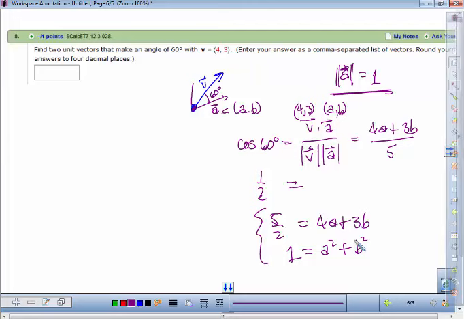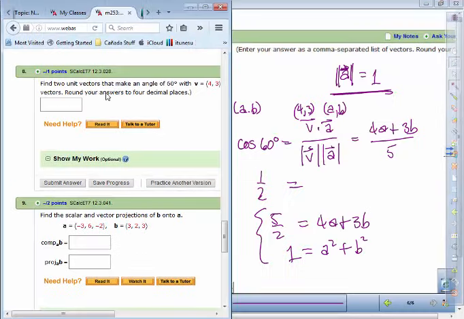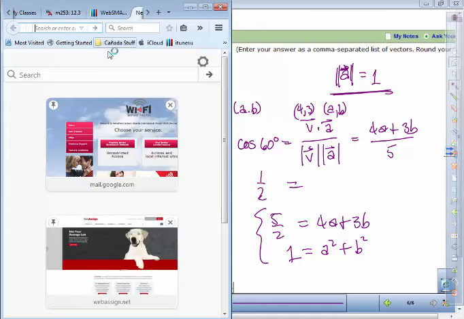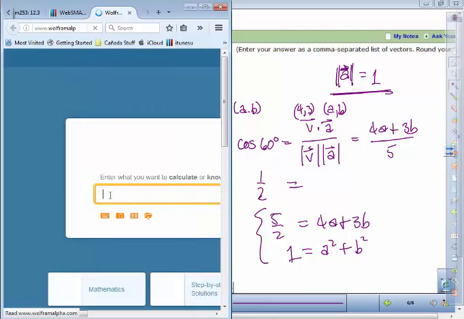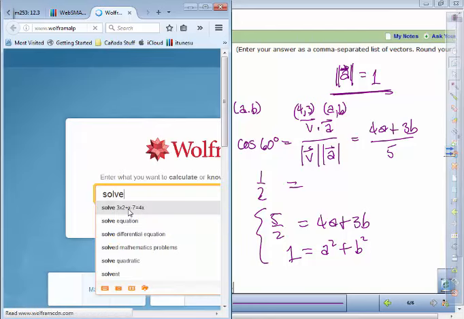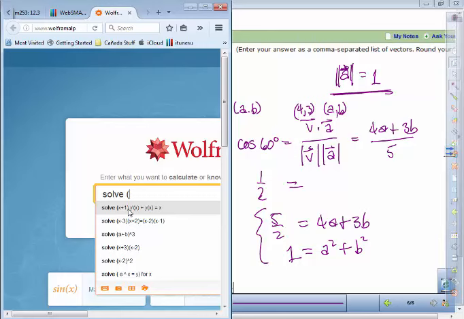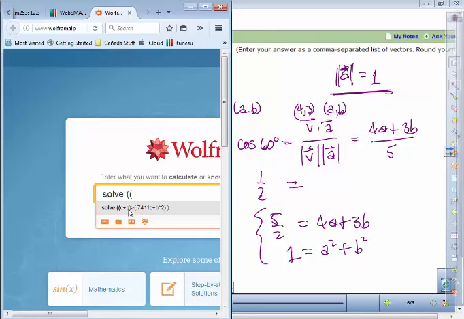So we call on Wolfram Alpha to save us, usually. That's what I'm going to do. So we're asking Wolfram to solve a couple of equations. Let's put the couple of equations in another parentheses here. We got 5 halves.